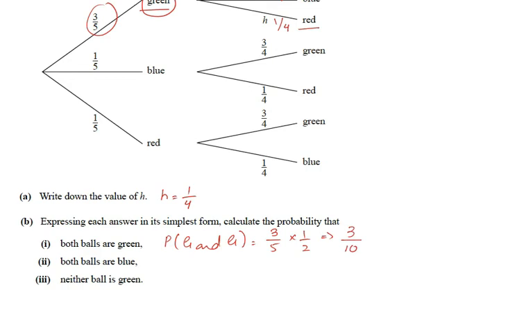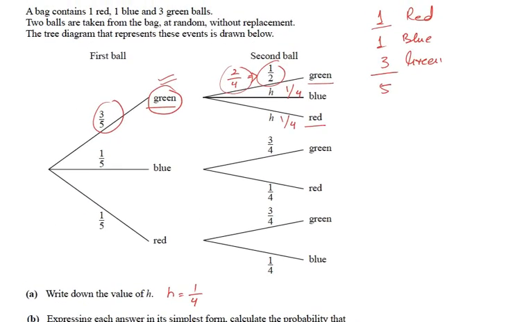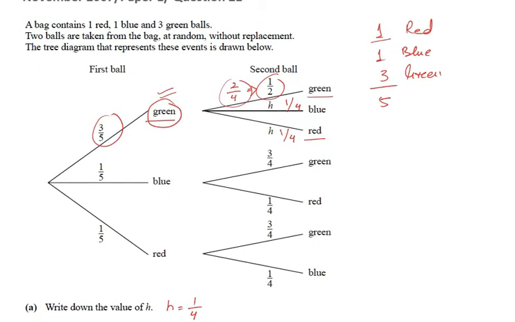Now the next part, they are saying both balls are blue. So it means probability of blue and blue. If we check the number of balls, we have only one blue ball in the bag. So we cannot take 2 blue balls from the bag, and on the tree diagram also, after blue we do not have another blue on the right hand side.